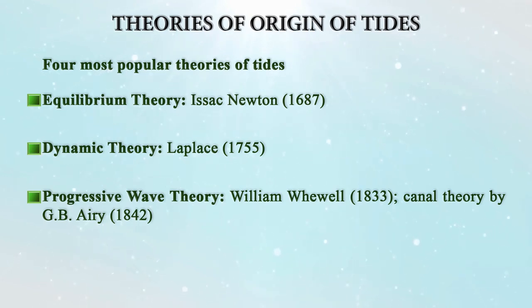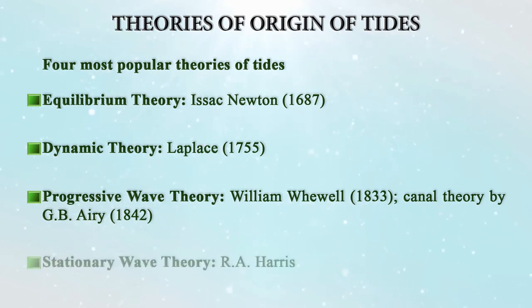It is also similar to the canal theory that was given by G.B. Airy in 1852, and then comes the stationary wave theory, which was given by R.A. Harris. Now, let us study this equilibrium theory also in detail, because you have some knowledge of this, because we studied the centrifugal and centripetal forces in the previous video program.